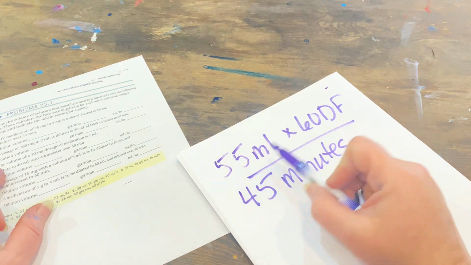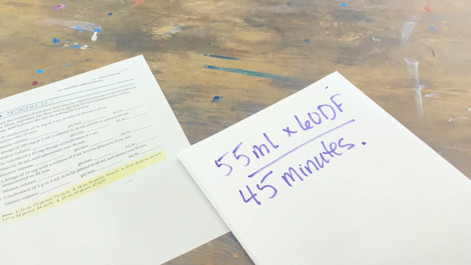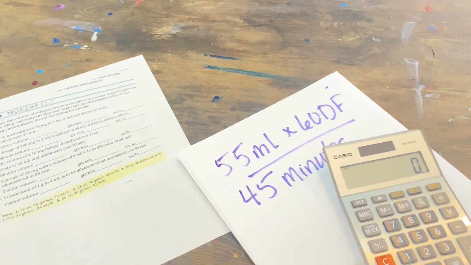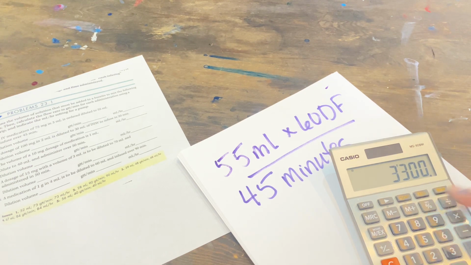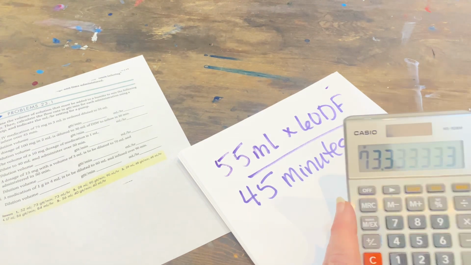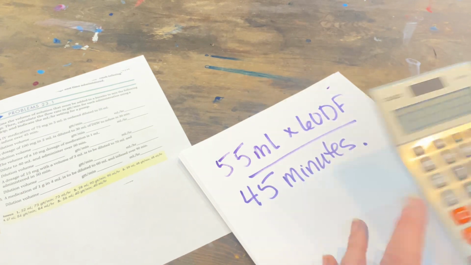And then we're going to do all the math on the top and divide it by 45. So get your handy dandy calculator. 55 times 60 equals, divided by 45, it's going to be 73 drops per minute.